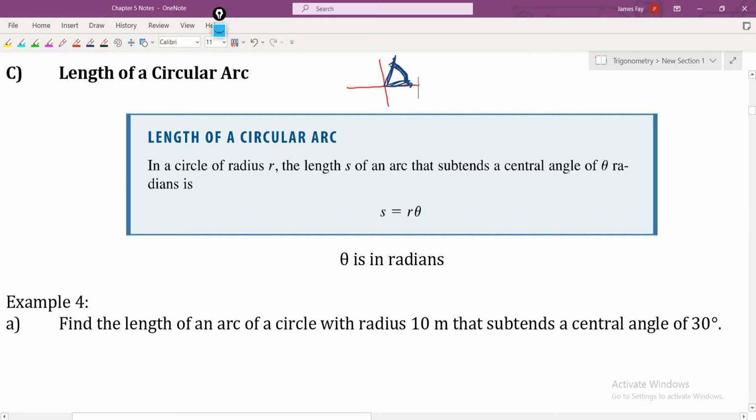If you remember back to geometry, we had a formula that if I wanted to find, so let's say we have this circle here, and I just want to find the length of that red arc right there.